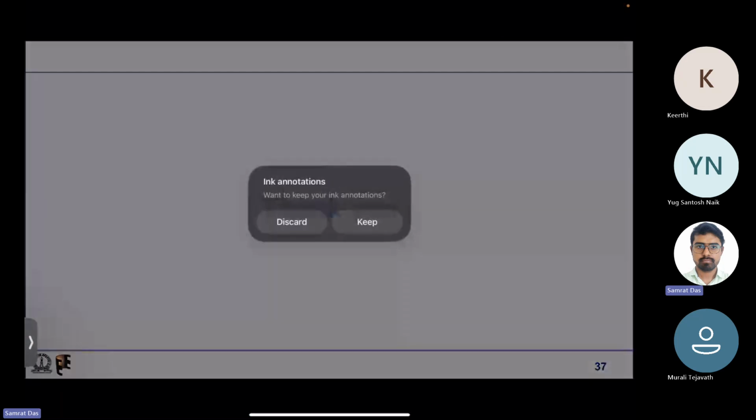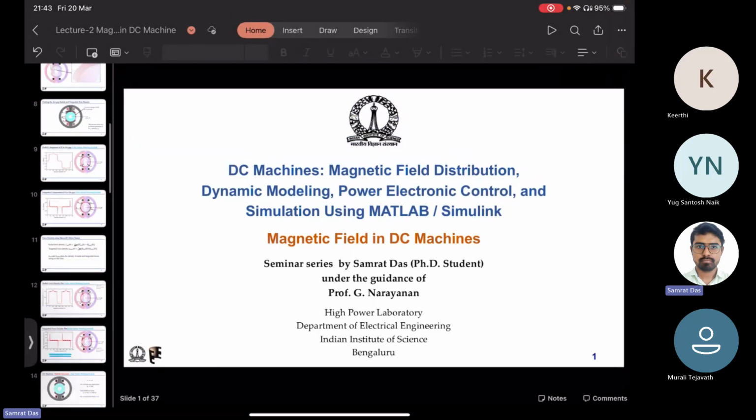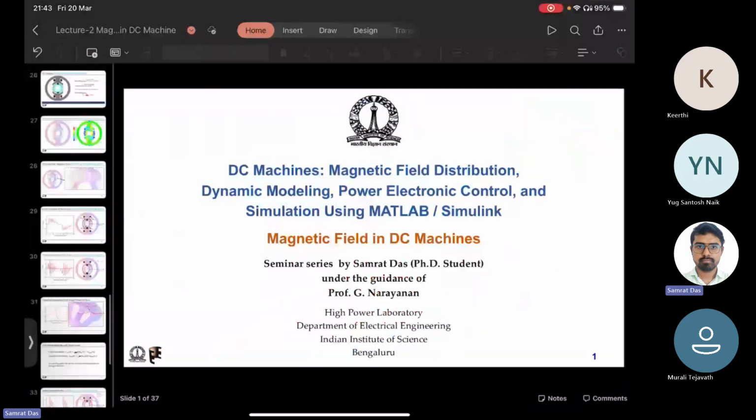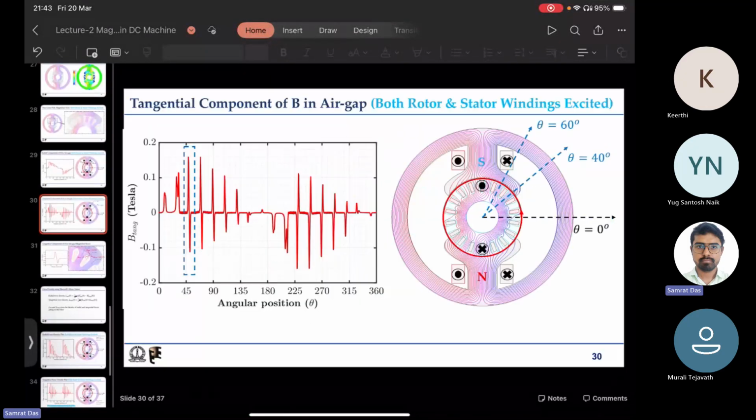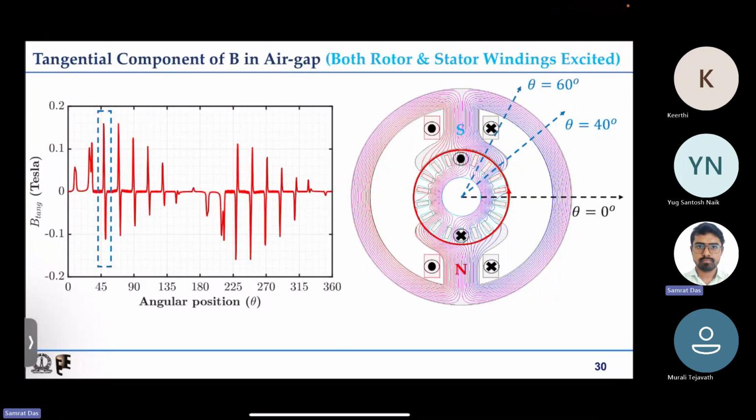So what we are going to do now is zoom in on this portion, which I show using this blue dotted rectangle.